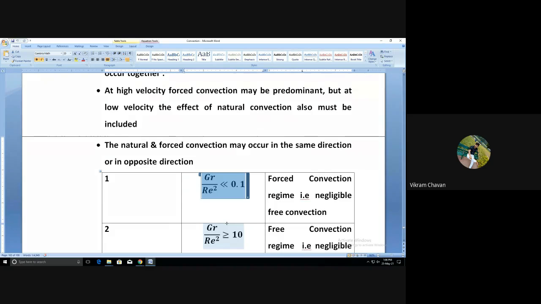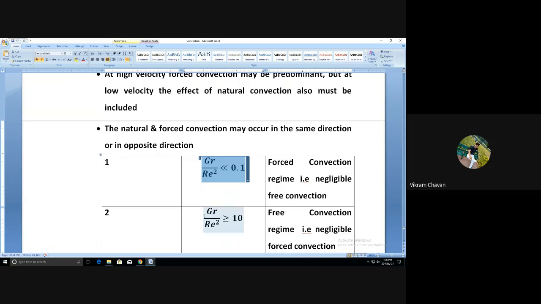So the first one is, if the ratio of the Grashof number to the Reynolds number squared is less than 0.1, then by default we consider the problem statement to be forced convection. And if this ratio is greater than or equal to 10, then we consider the problem statement to be free convection.